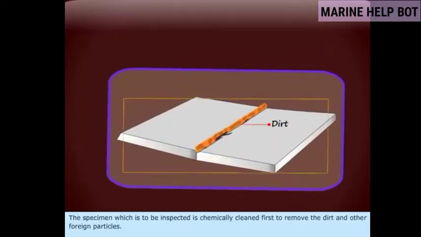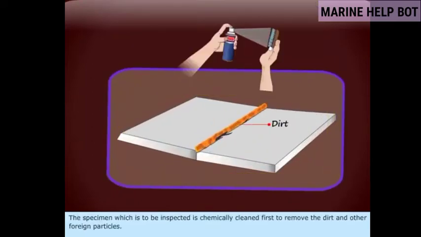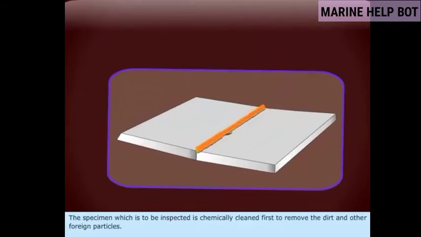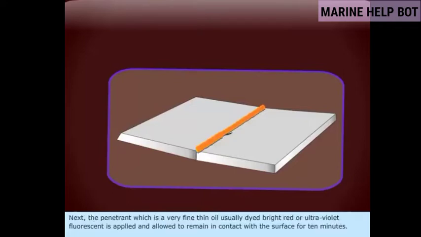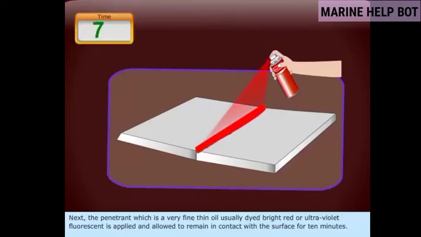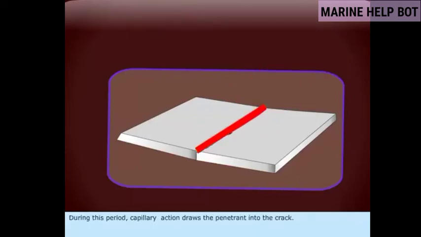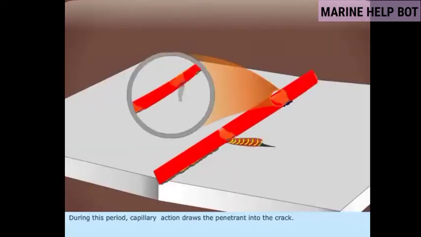The specimen, which is to be inspected, is chemically cleaned first to remove the dirt and other foreign particles. Next, the penetrant, which is a very fine thin oil, usually dyed bright red or ultraviolet fluorescent, is applied and allowed to remain in contact with the surface for 10 minutes. During this period, capillary action draws the penetrant into the crack.